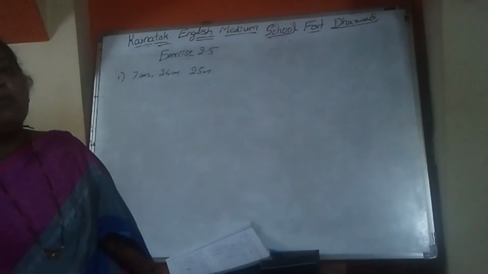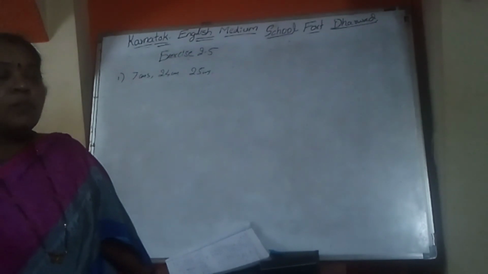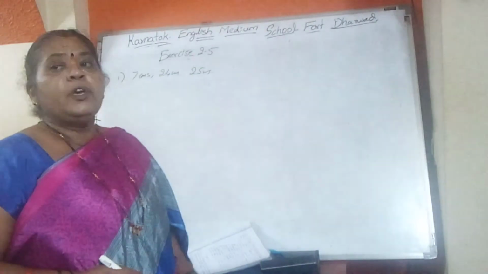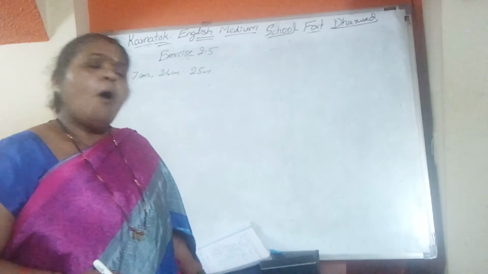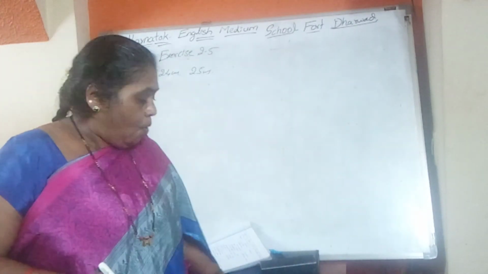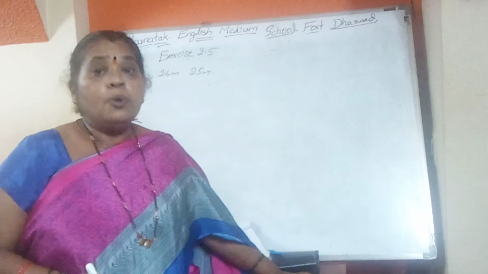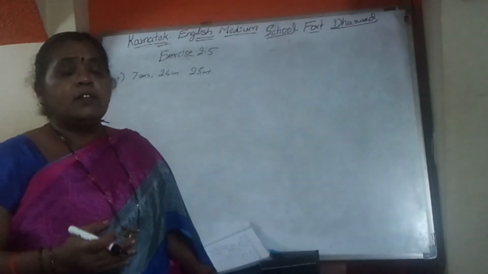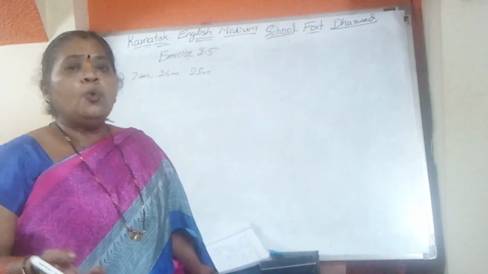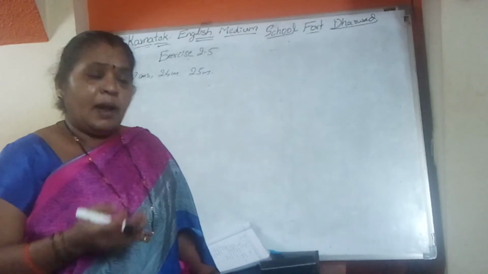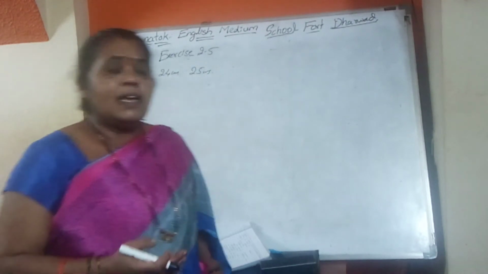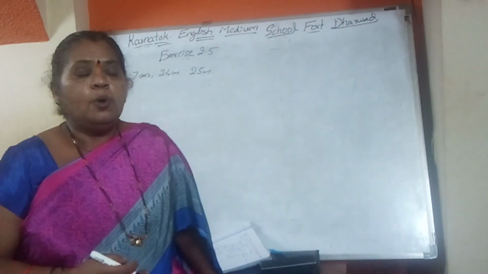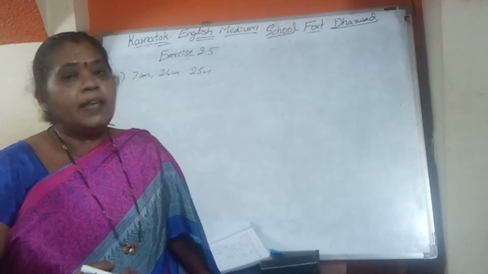I'll give you one homework. Up to here, I taught you all the theorems. Now you know how to prove: write the given, to prove, and proof, and if any construction is there, you know how to solve it.